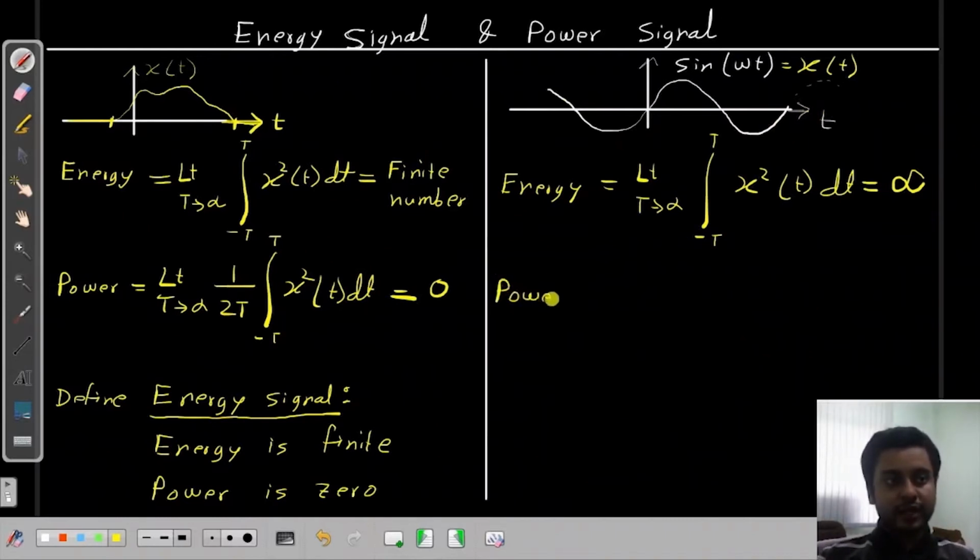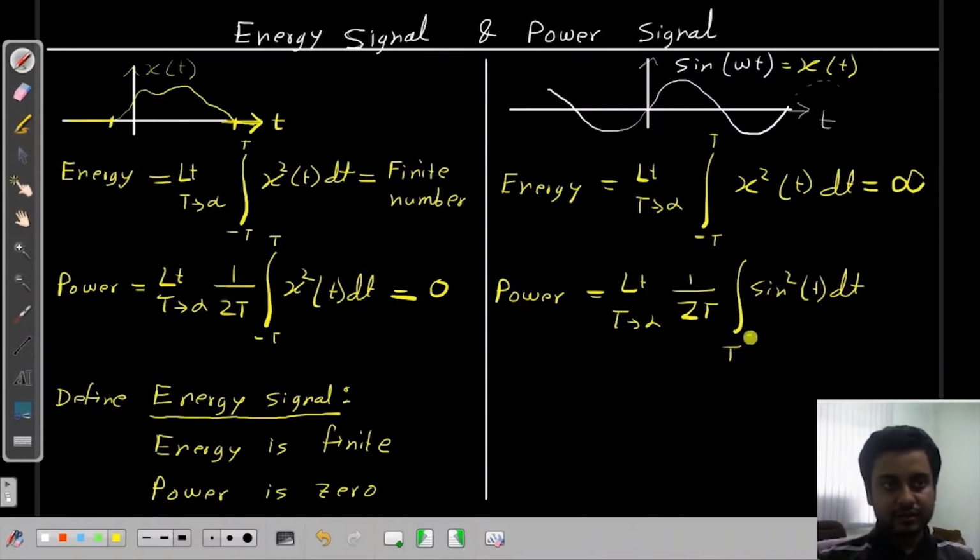But if you calculate power, that is going to give you a finite number. Because as the range of time increases, the total energy increases, and proportionally the time also increases.